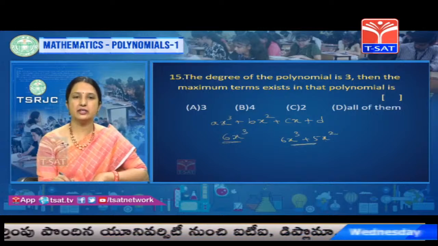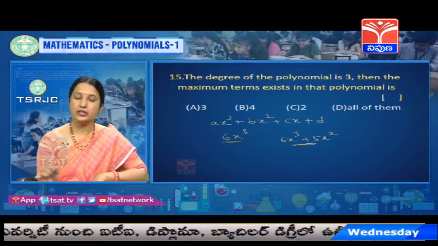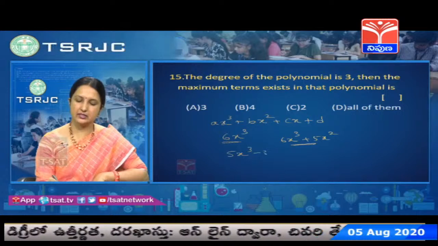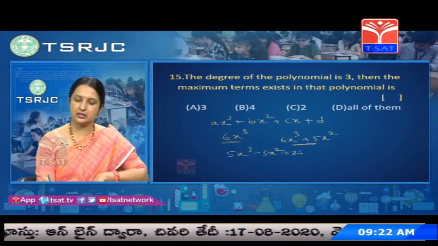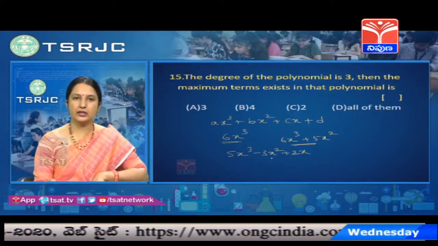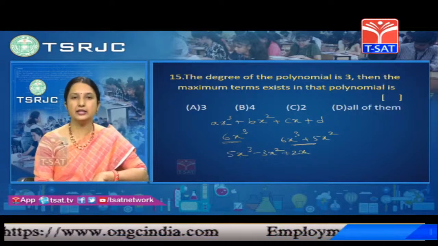Here it contains only one term, here it contains 2 terms, and 5x power 3 minus 3x² plus 2x is also a third degree polynomial, cubic polynomial, but it contains 3 terms.